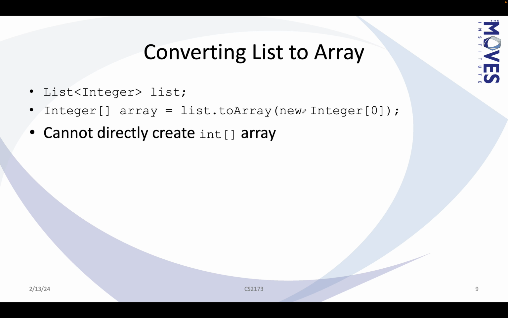Now, the other thing is that sometimes it's convenient to have things as an expandable structure, like a list, and sometimes it's helpful to have things as an array. So can we convert one to another? And the answer is yes.